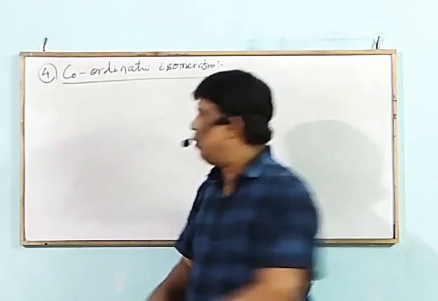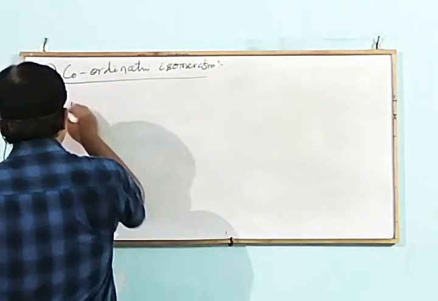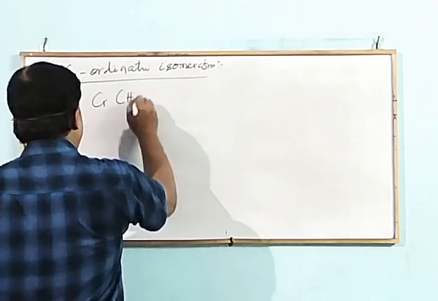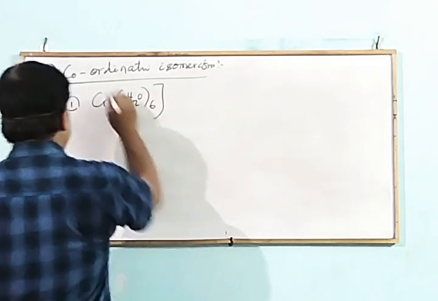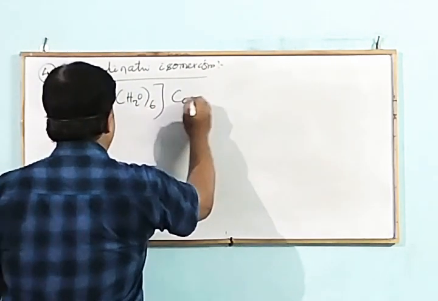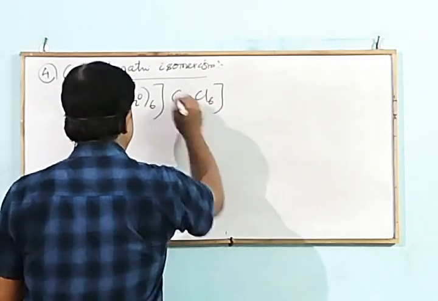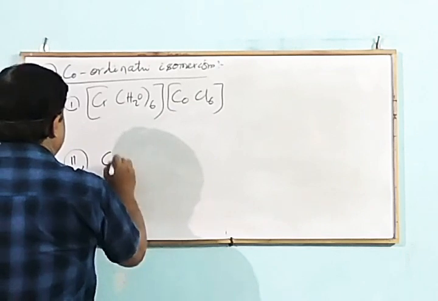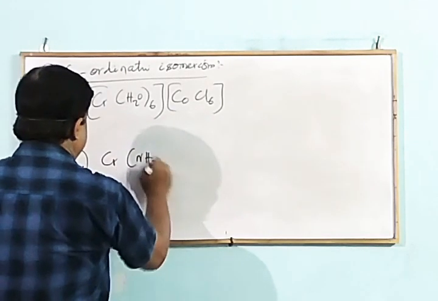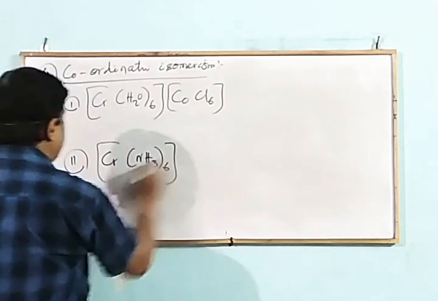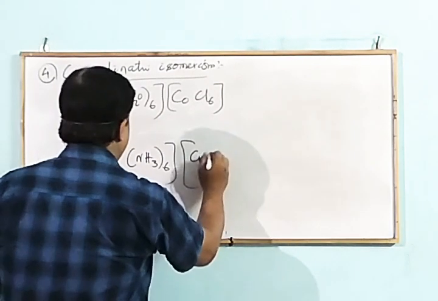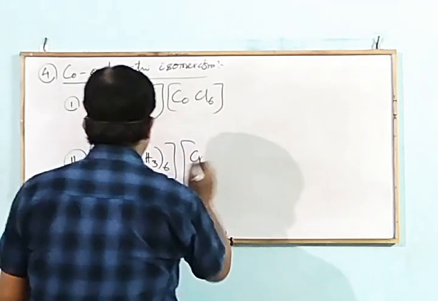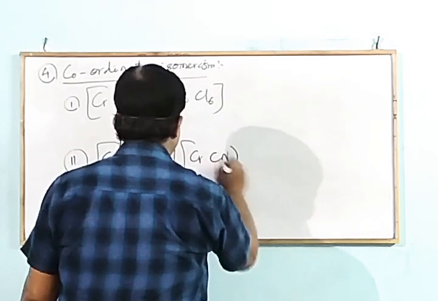For example, mark that: [Cr(H2O)6][CoCl6], and the second one is [Cr(NH3)6][Cr(CN)6].